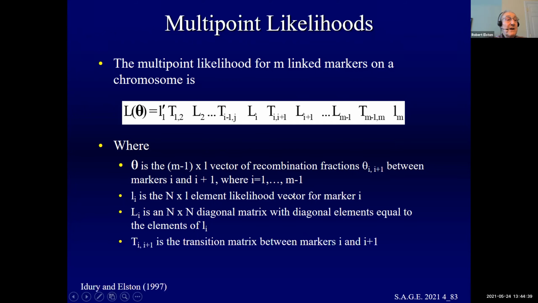All right. So this is the transition matrix between the markers I and I plus 1. Now, this is all described in this paper by Haseman-Elston. It's a neat trick. It's a divide and conquer method. It's fast, and yet you can even let the recombination fraction depend on covariates quite easily.